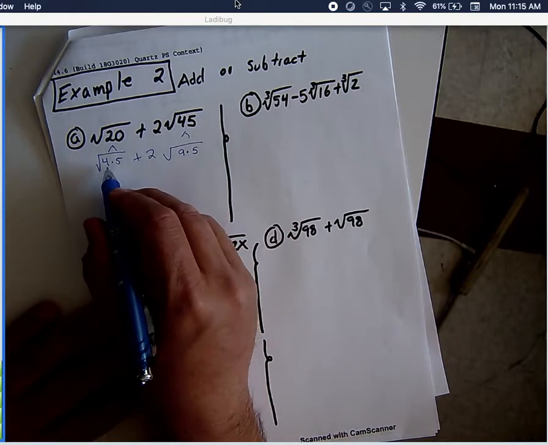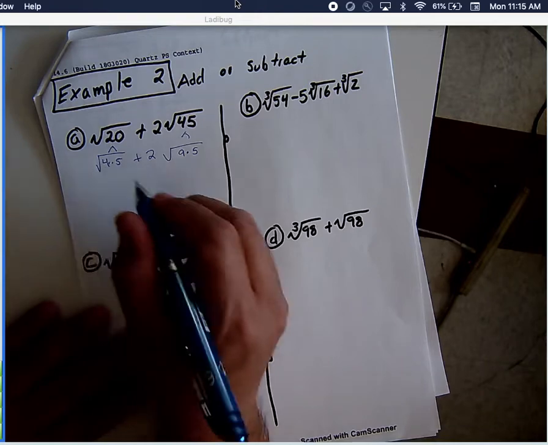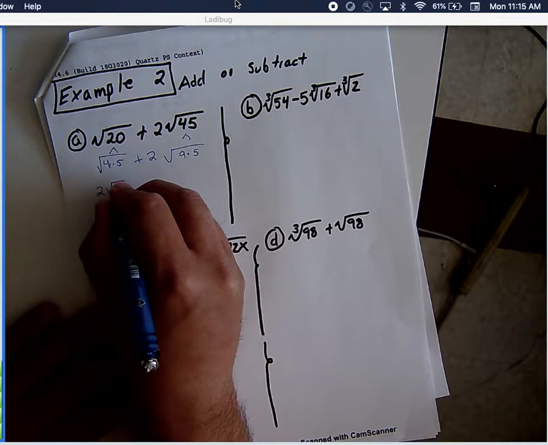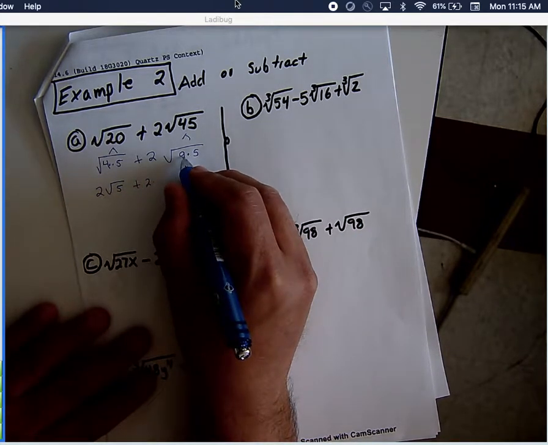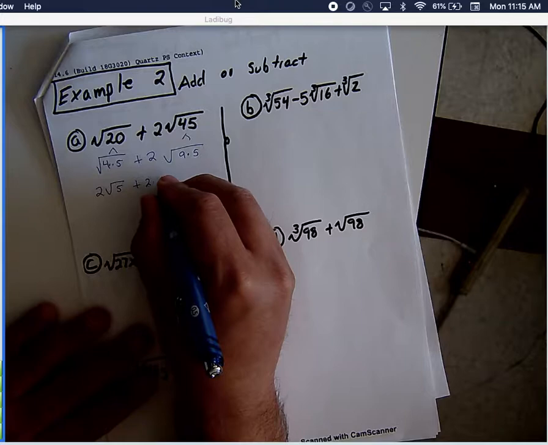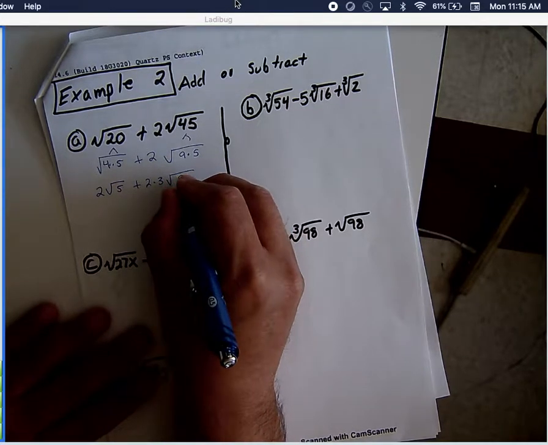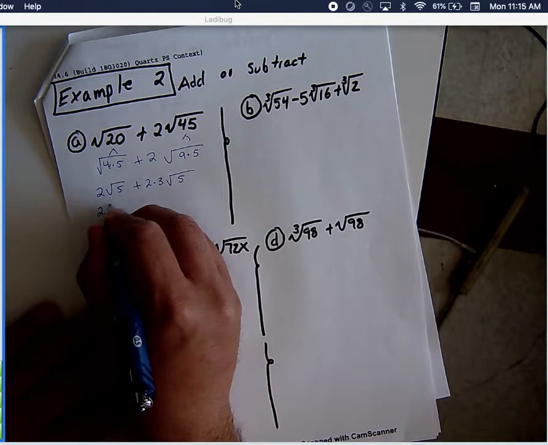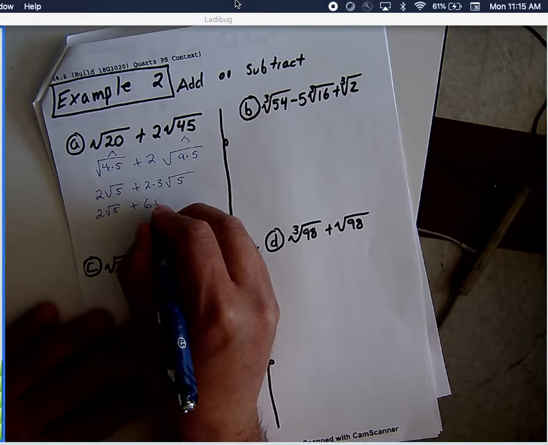So now the square root of 4, you guys know, is 2, and then the square root of 5 stays inside. Plus 2 times the square root of 9, which is 3, and then the square root of 5 stays inside. So 2 times 3 is 6, square root of 5.